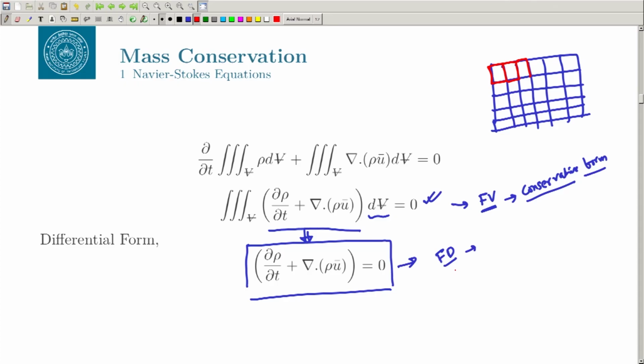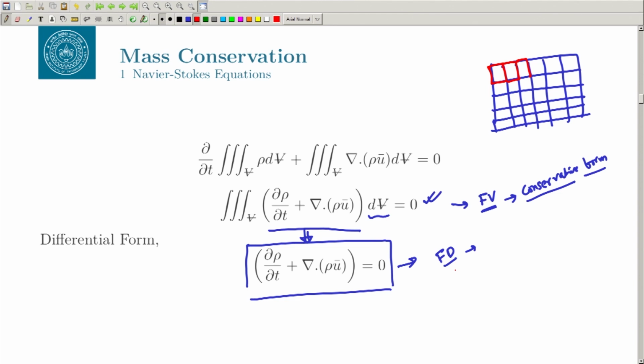That is the difference between finite volume and finite difference, and both methods are popular and both can give you the desired results. It has nothing to do with the idea that if you use the conservative form, you will get a better result than the finite difference. Although, when you have shocks, in those cases some people prefer to use the integral form, or the finite volume approach.